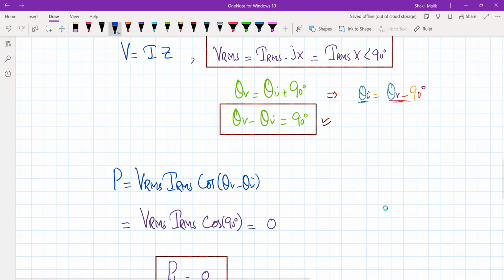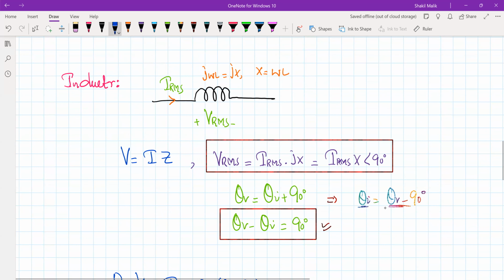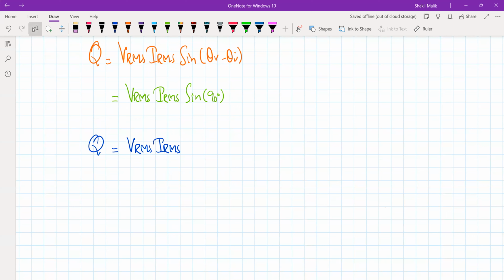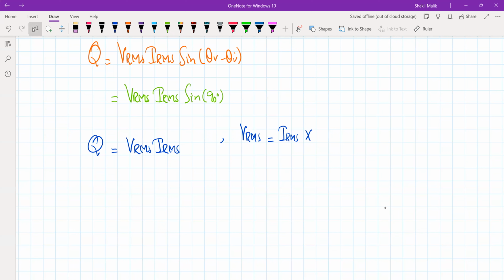Now from this expression, you can substitute the value of VRMS. I'm talking about the magnitude: VRMS is equal to IRMS times X. Actually, there is a J also, but we are talking only about the magnitude part, and the magnitude of J is simply 1.